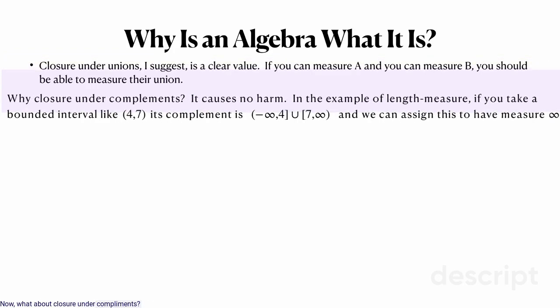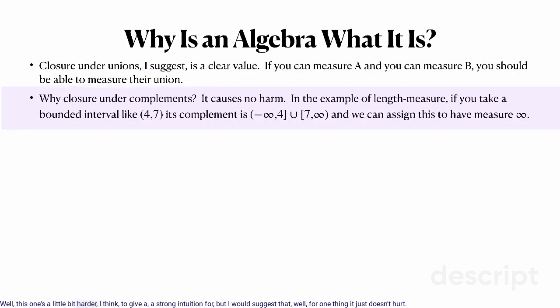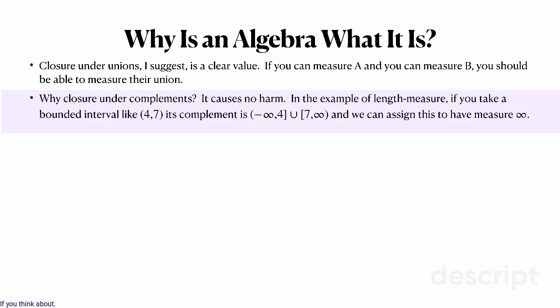Now, what about closure under complements? Well, this one's a little bit harder, I think, to give a strong intuition for. But I would suggest that, for one thing, it just doesn't hurt. If you think about length measure, if you take any interval, which we know we want to be able to measure, let's think about a bounded interval, like, for instance, the interval from 4 to 7. Well, its complement is essentially these two disjoint rays, right? Because they start at a point and go off to infinity.